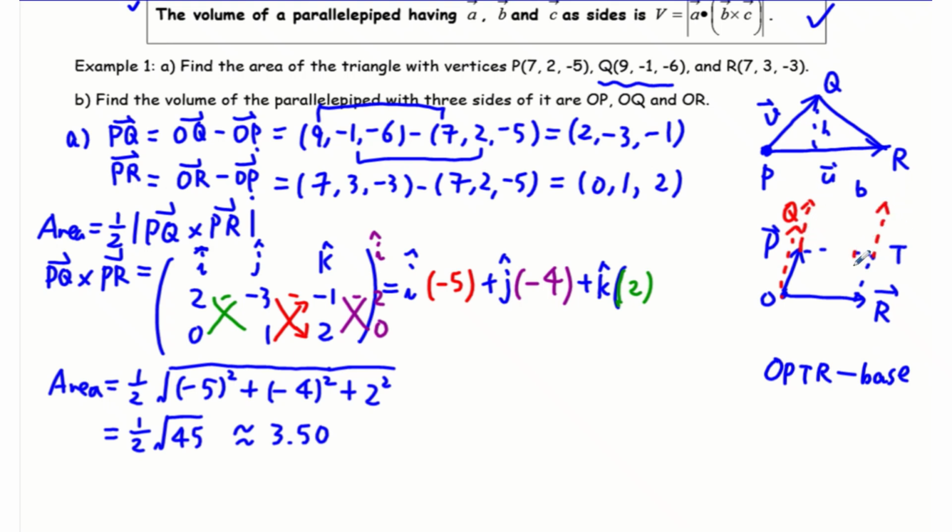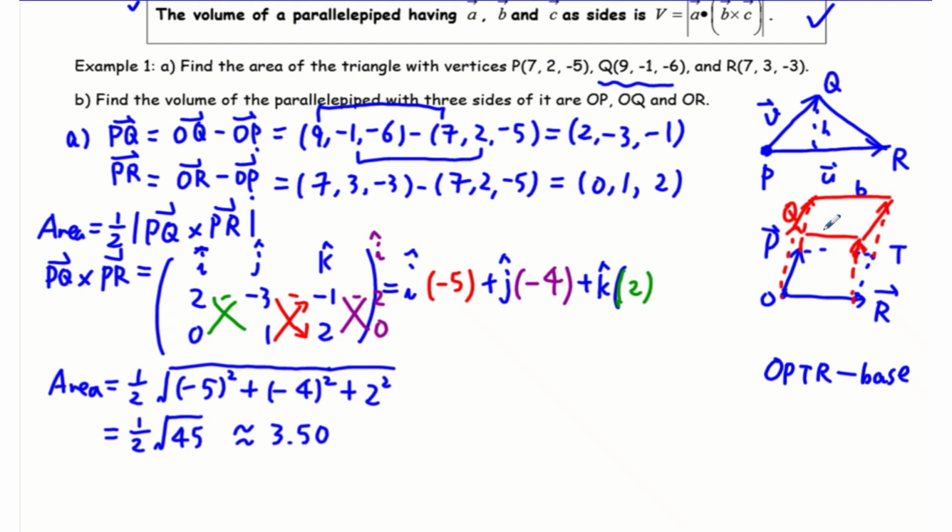Then we have a parallelepiped. So the base is formed by OP and OR as two sides of the parallelogram. Then OQ is vertical, another dimension, three dimensions.